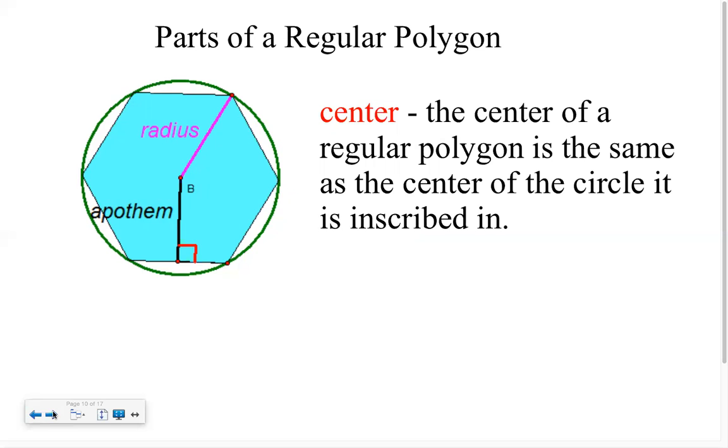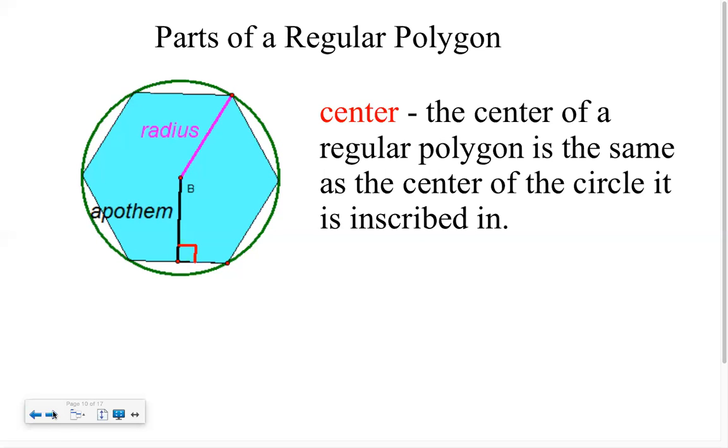So the center of a regular polygon is the same as the center of the circle it is inscribed in. Now, we don't draw a circle every single time we draw a regular polygon, so the center won't always be given to you, but you know that there is a center that does exist.